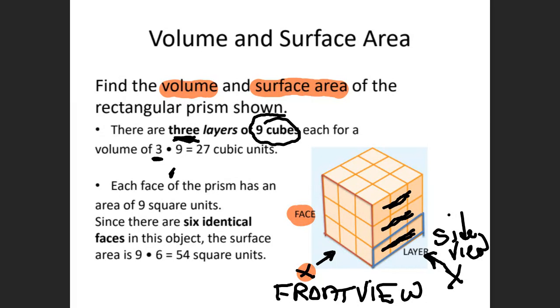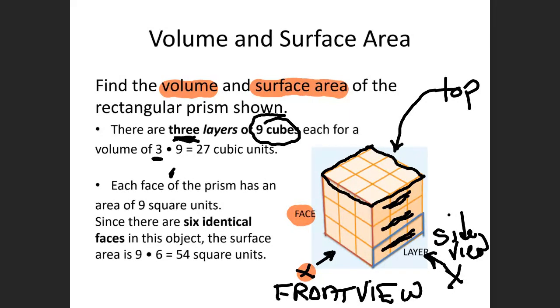And think about looking at the black top. This top has 9 cubes. To make that top, I have 9 little boxes showing. The layer has 3. So 3 times 9 gives me 27 cubic units.